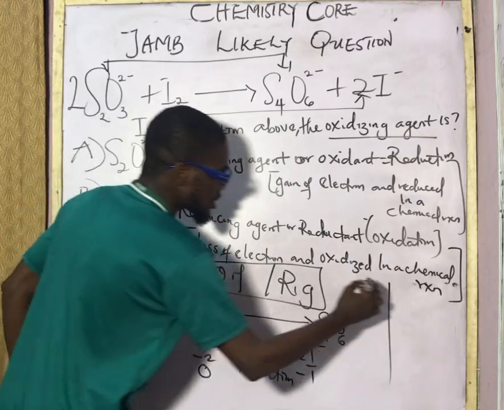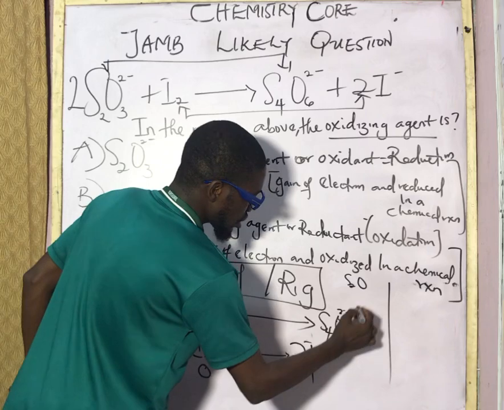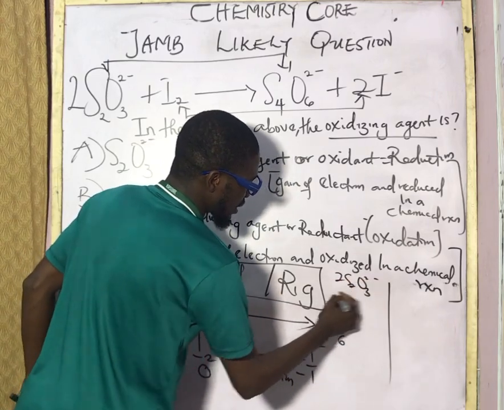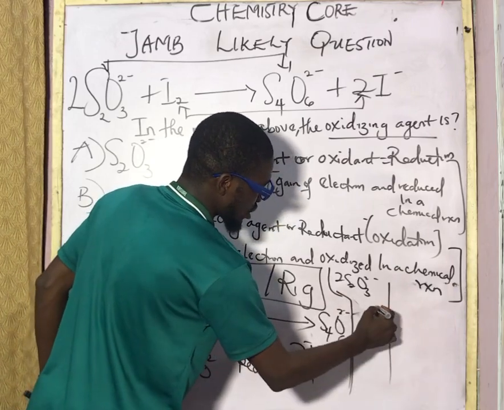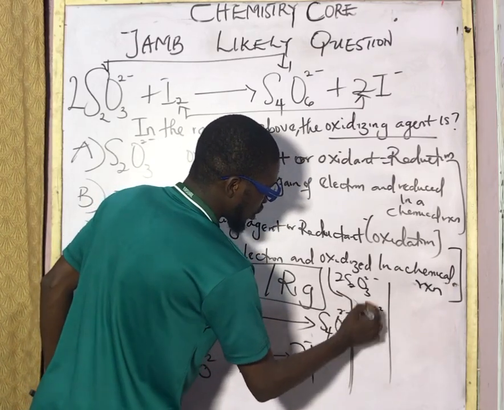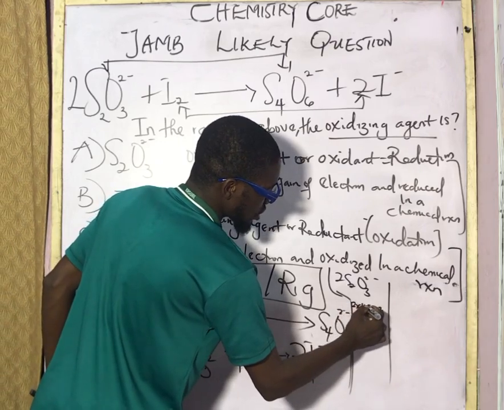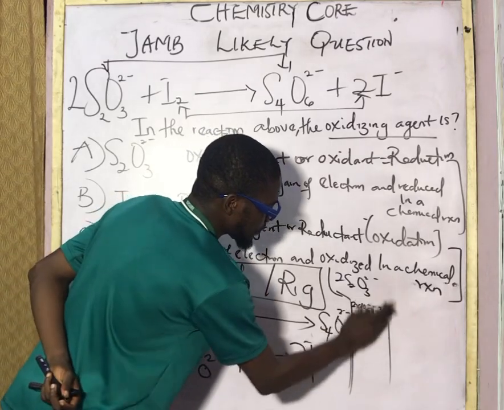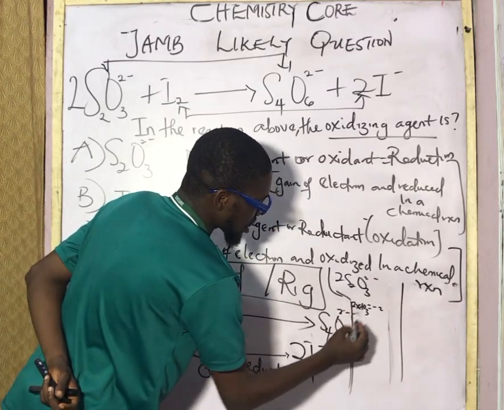The first one is S2O3 2 minus. The overall charge of this compound will be minus 2. So we make this 2x plus 3 oxygen.